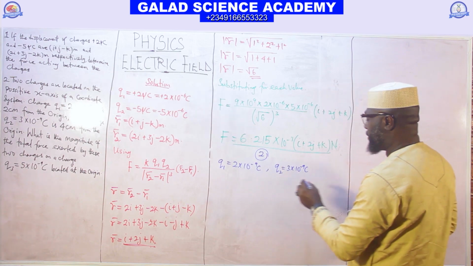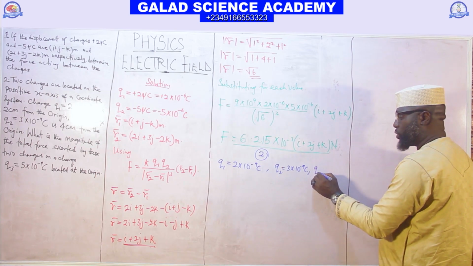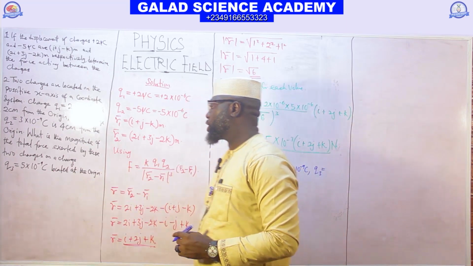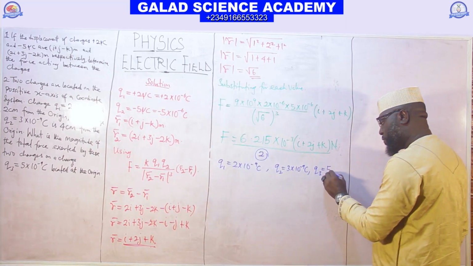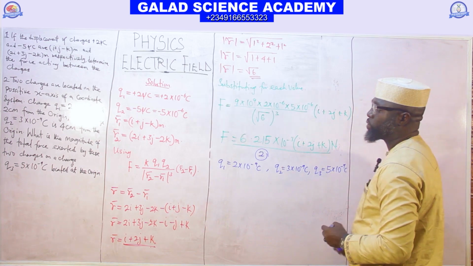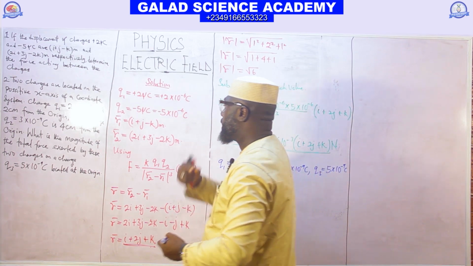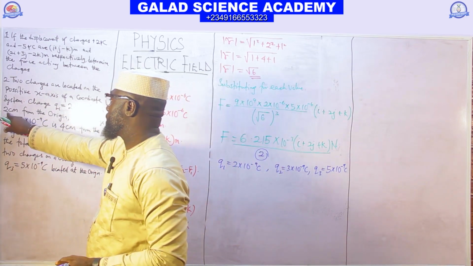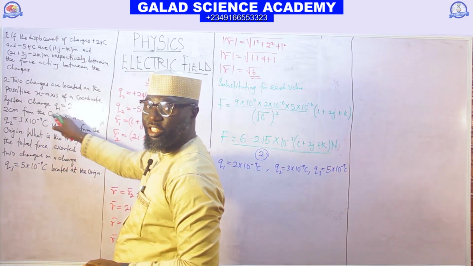And the third charge given, Q3, is 5 times 10 raised to the power minus 9 coulomb. Good. On the axis coordinates, this charge is 2 centimeters from the origin.